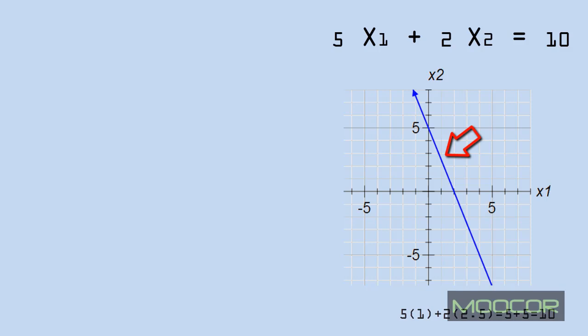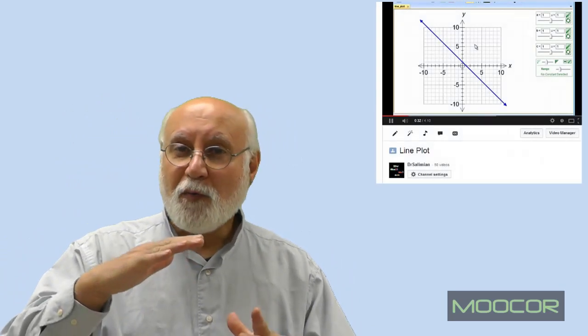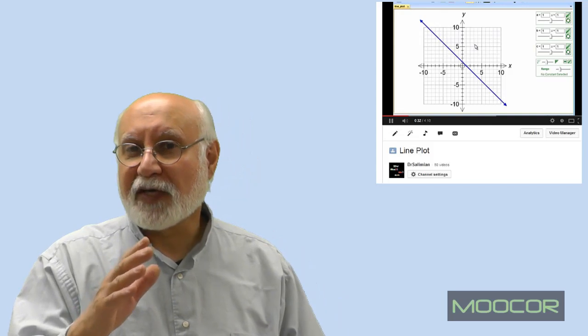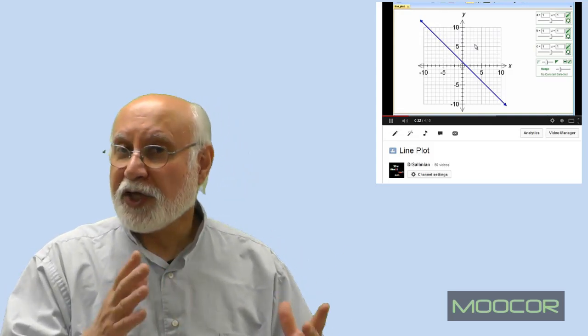Now we also want to see what the role of the coefficients of x1 and x2 and the right-hand side values is. Take a look at the video that we have to show. When I change the coefficient of x1, how does the line change?